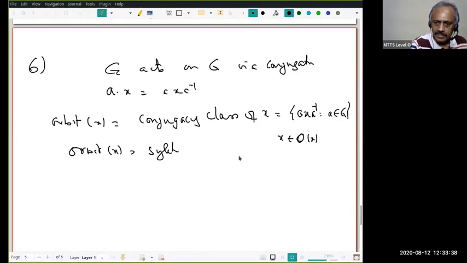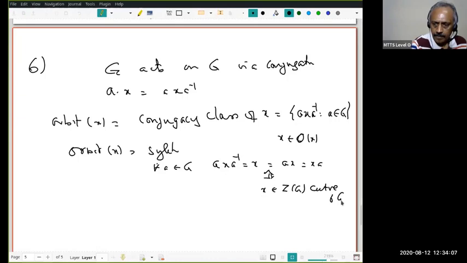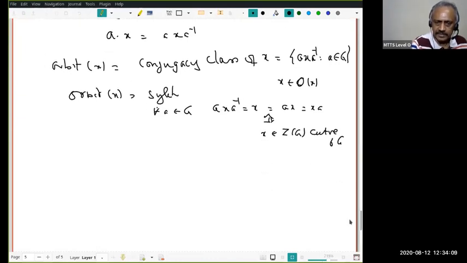When it's a singleton, it is equal to X. That means A X A inverse must be equal to X, so A X equals X A. This must happen for each A in G. This means X commutes with each and every element of the group. That means X must be in the center of G. Okay, this we had already seen.